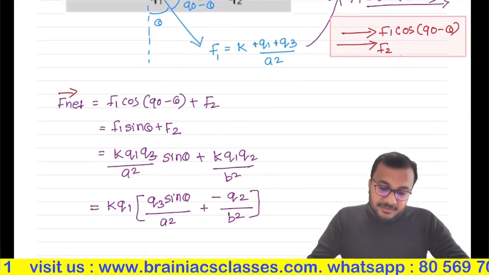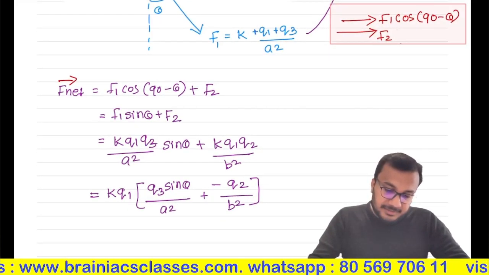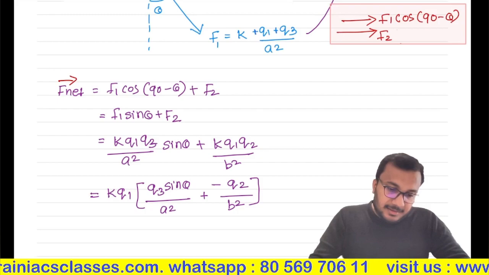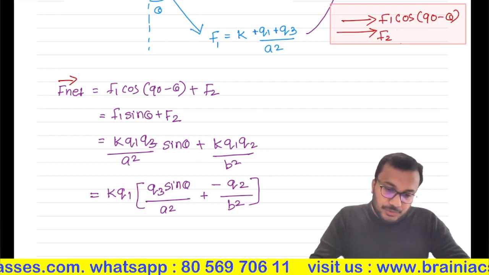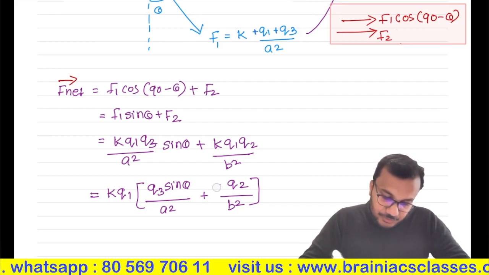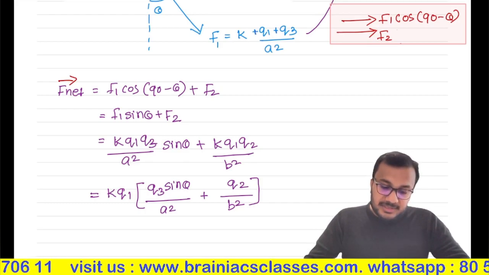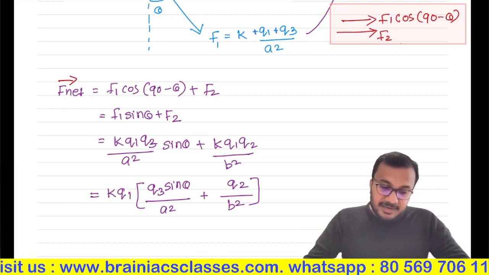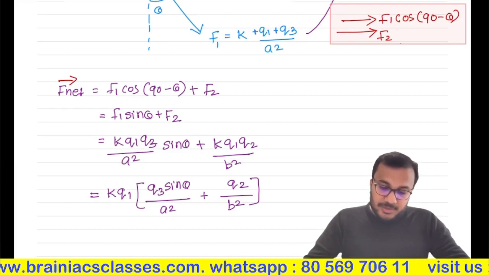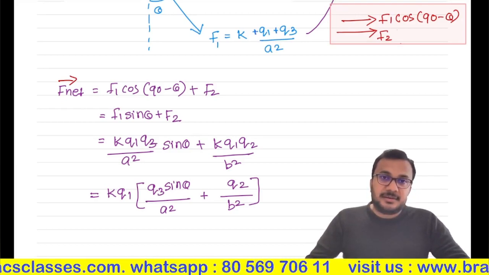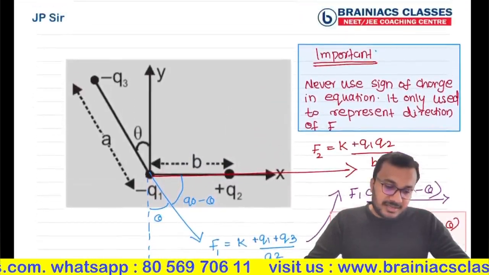Okay, you are adding the vector sum, but this sign should not come here, right? So k q1 times q3 sin theta divided by a square plus q2 divided by b square. This is the answer for the question.